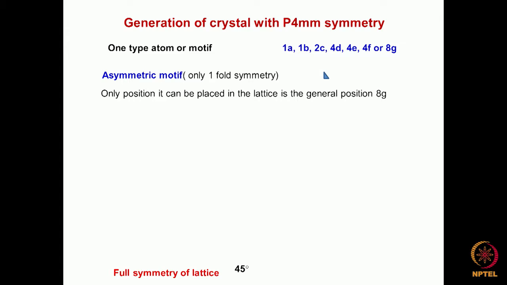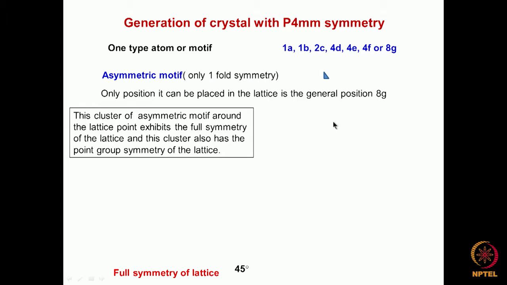Now let us take the case, okay. The options which are available: if you are putting an atom or an asymmetric motif, it can be 1A, 1B, 2C. These are all the various positions in which an atom or a motif could be placed, okay.